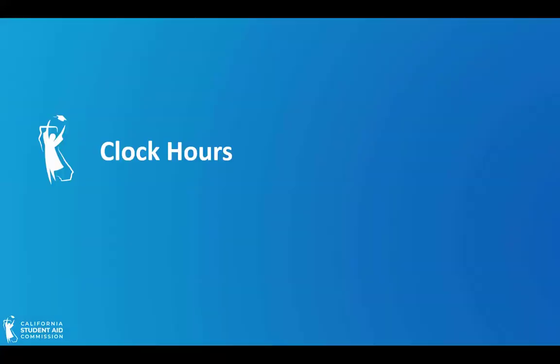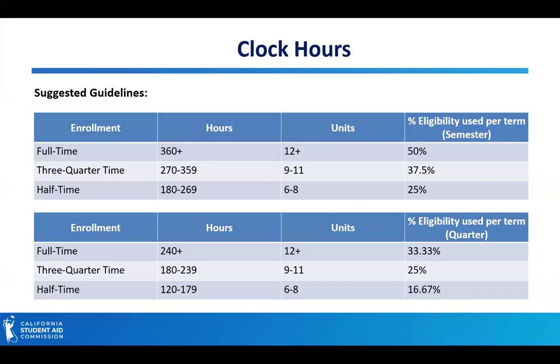All right. Now, there are some schools that do clock hours, and as you can see, the number of clock hours will actually relate to units, because again, when it comes to payment, we look at units.